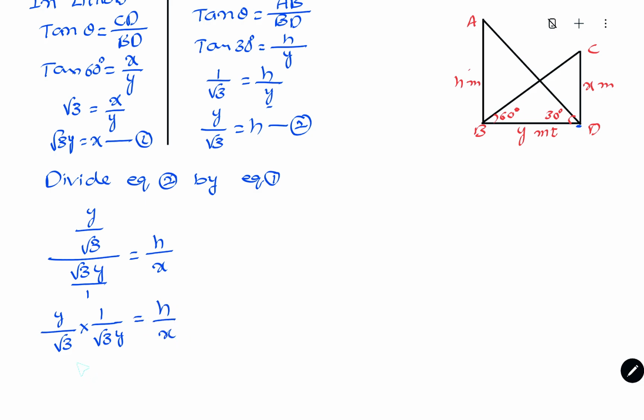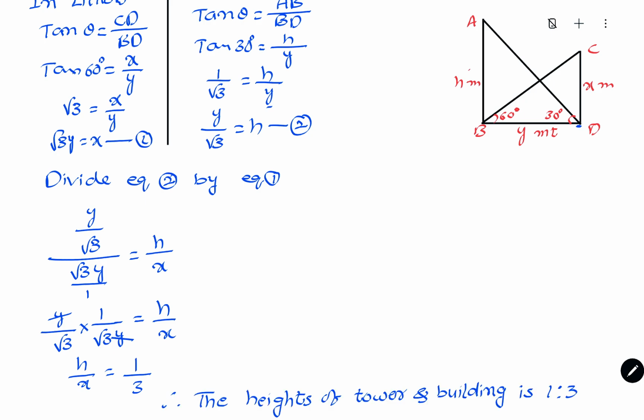We can write √3 y as √3 y by 1, so y/√3 into the reciprocal 1/(√3 y) is equal to h by x. Here cancel y, then 1/√3 into 1/√3 is 1/3. h by x is equal to 1 by 3. Therefore the ratio of the heights of the tower and building is 1:3.